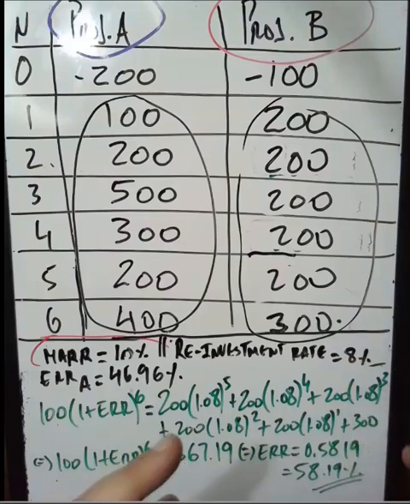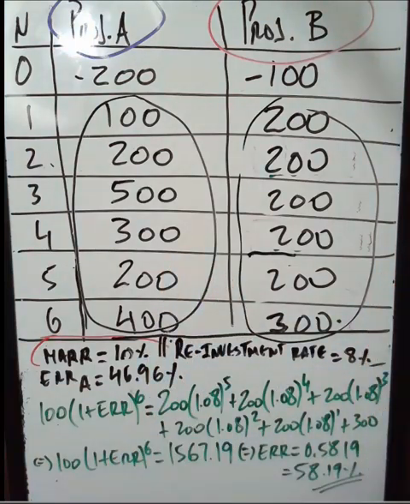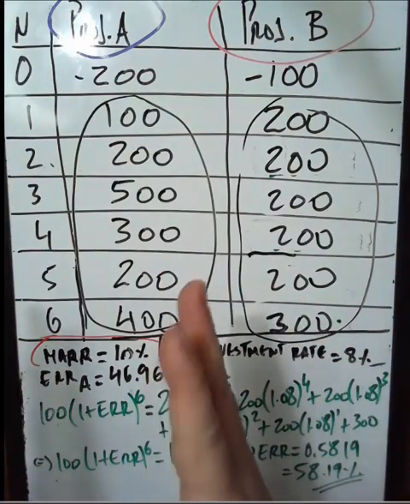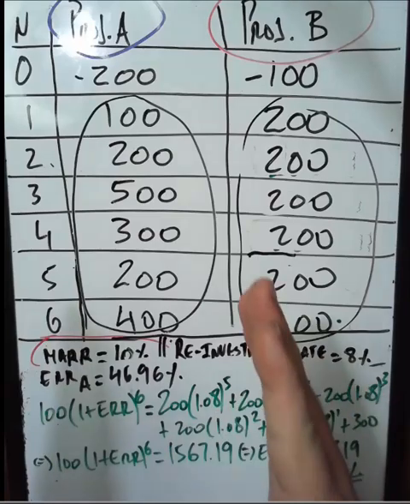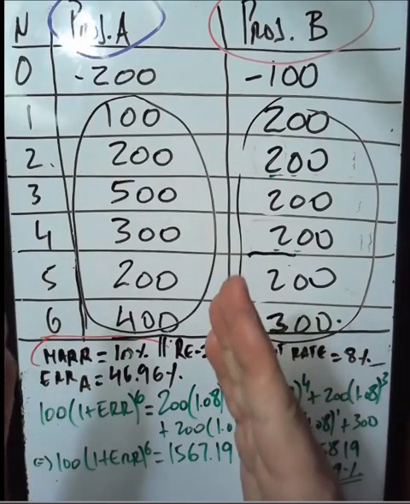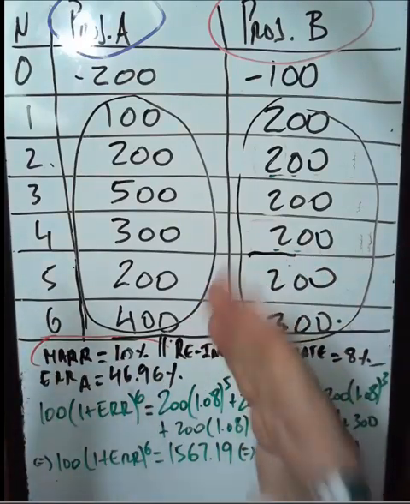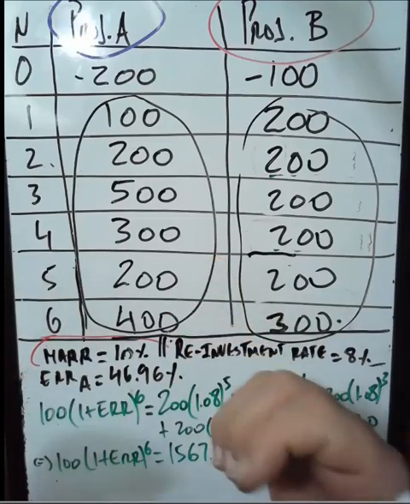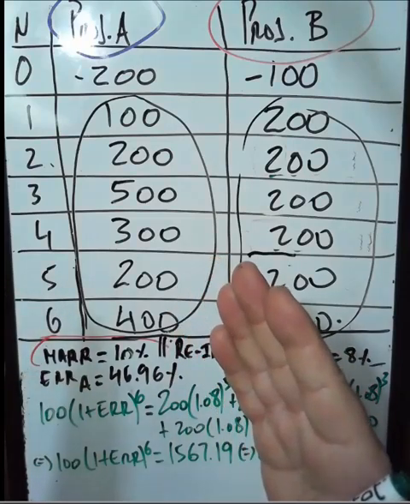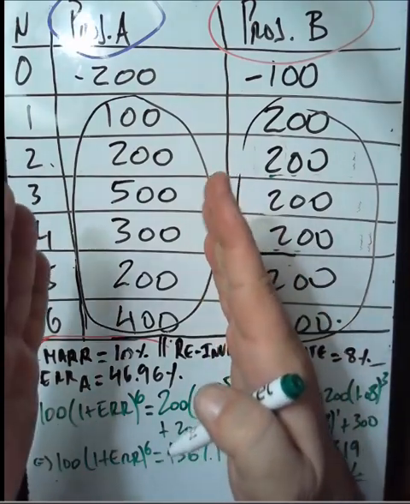So the most knowledgeable businesses would select project B. However, less sophisticated businesses tend to focus on the dollar amount that the project gives instead of the percentage return. And that is the net present value, net future value, and the annual worth. So those businesses would select project A instead of project B.